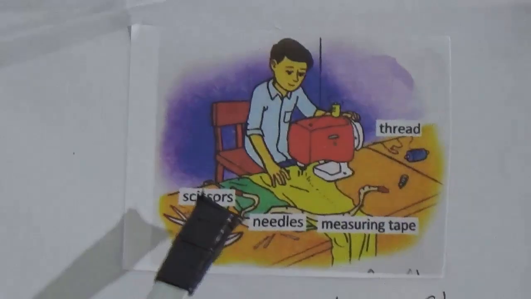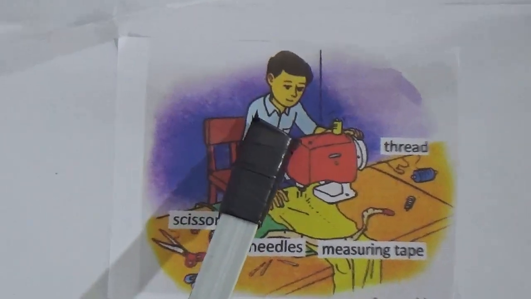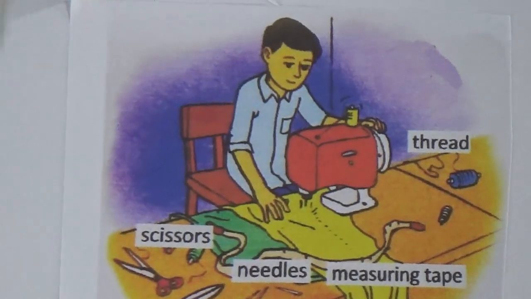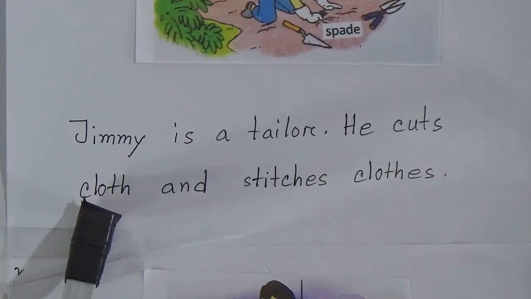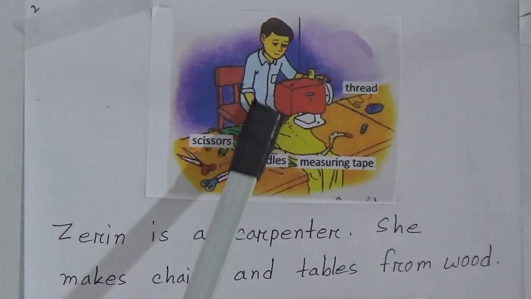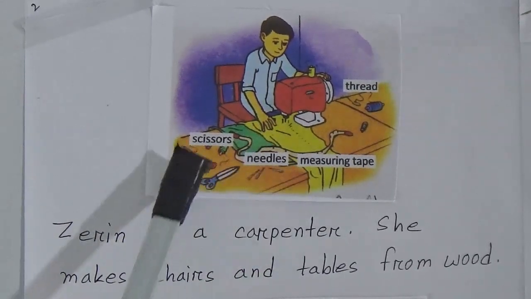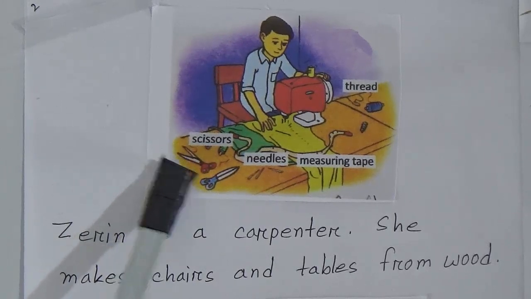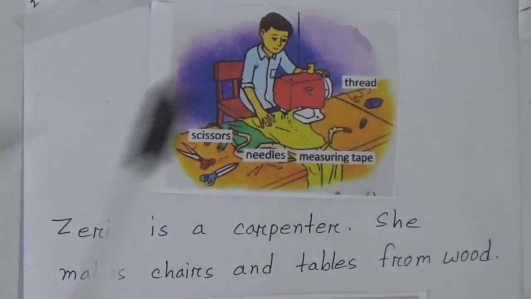After that you can see another picture. His name is Jimmy. Jimmy is a tailor. He cuts cloth and stitches clothes. He is using a sewing machine and making some clothes. And here are a scissor, some needles, measuring tape and thread.